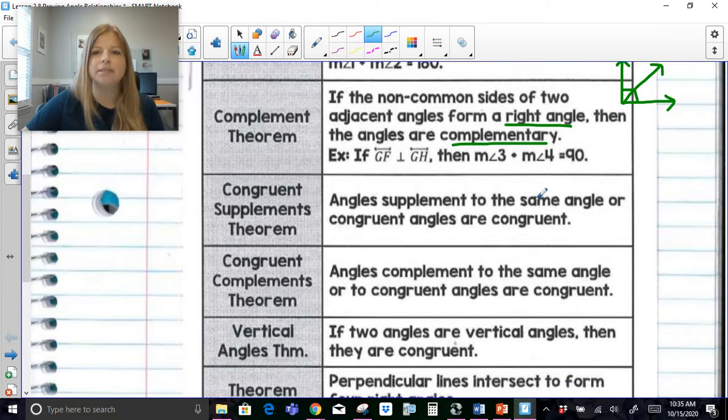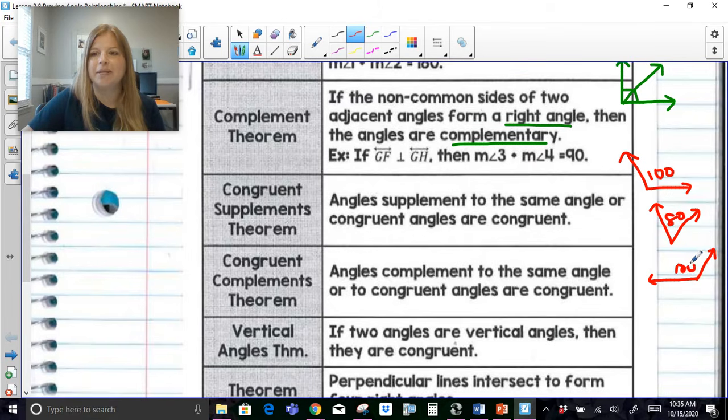Angles supplementary to the same angle, or congruent angles, are congruent. So here is what this is saying. Angles supplementary to the same angle. So if I have an angle here that is 100, and then another angle here that is 80, very bad drawings, and I have another angle here that's also 100.